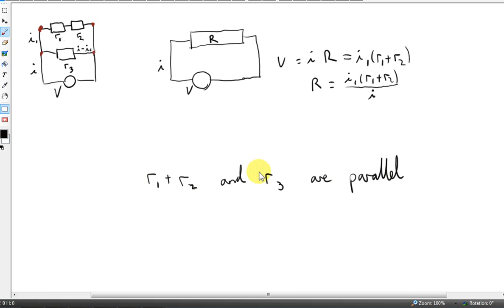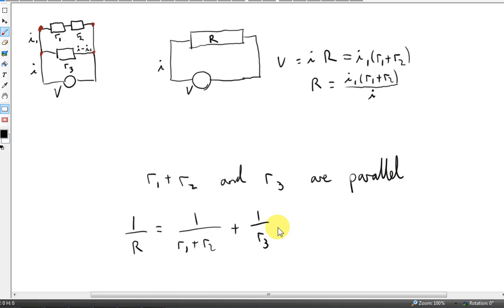Now we could also get the equivalent resistance knowing what we know about resistors in parallel and series. The resistance of these two resistors is R1 plus R2, and these two resistors are in parallel with this resistor R3. So we know that 1 over the equivalent resistance R is 1 over the resistance of this part plus 1 over the resistance of the other part, which is R3.